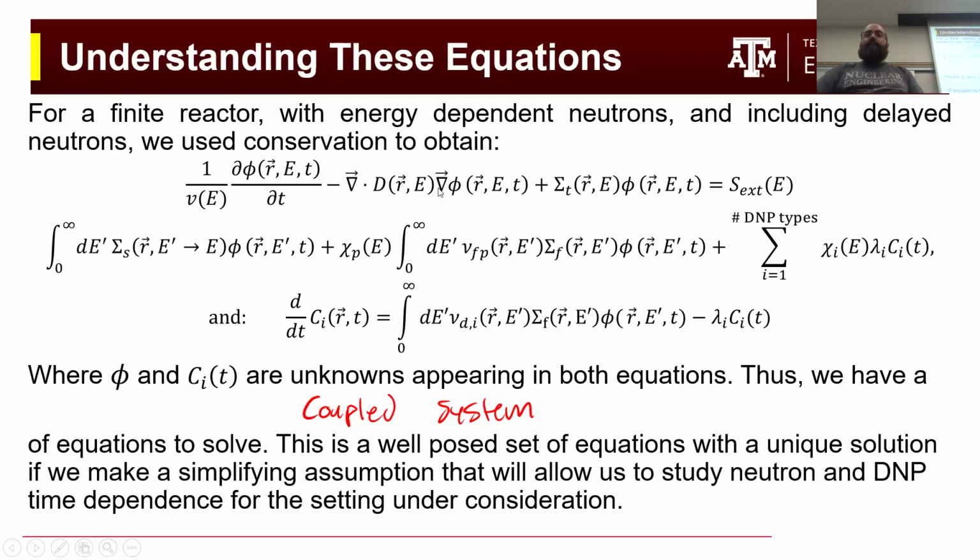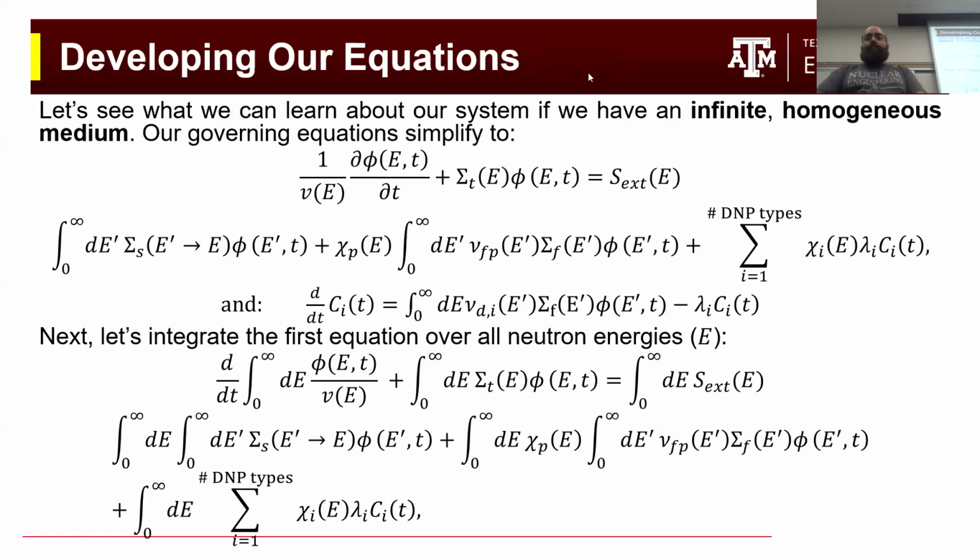So this term that has the gradients and the divergences, that's my net leakage term. It goes to zero. And if it's a homogeneous problem, that means that everywhere the material composition is the same. So then we can ignore the r arguments on all of our terms. That's the only change I've made going to this slide. There's no net leakage term, and now there's no r arguments on any of my terms.